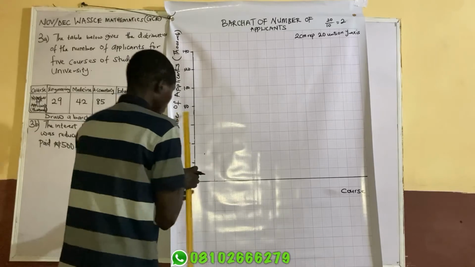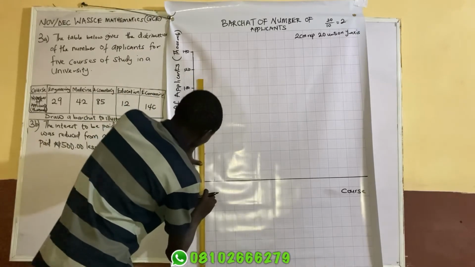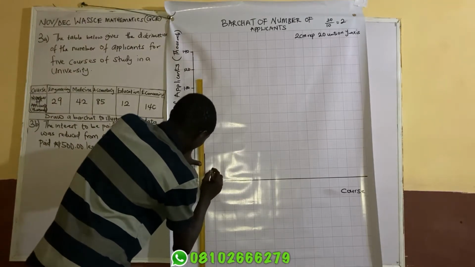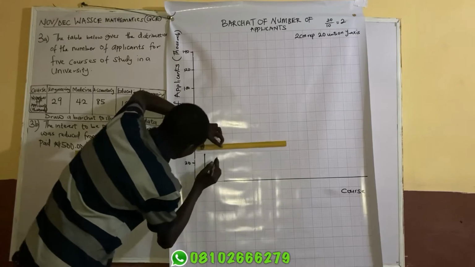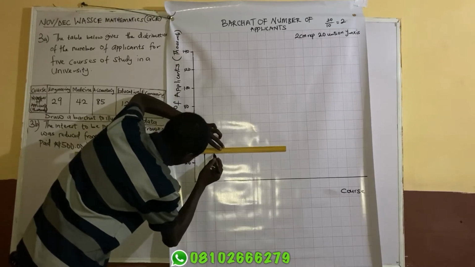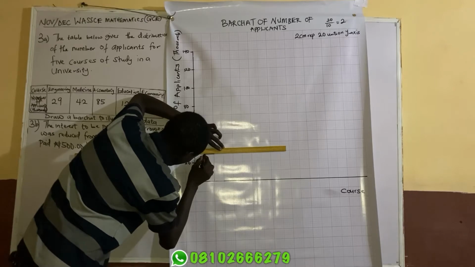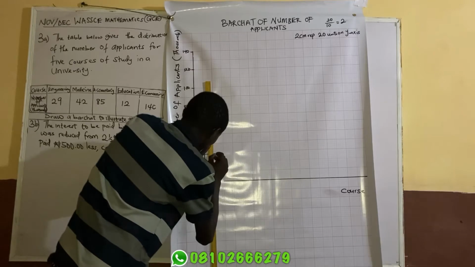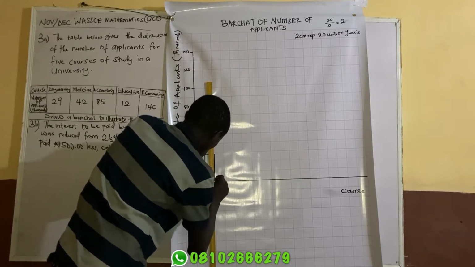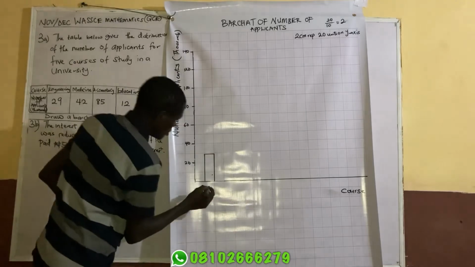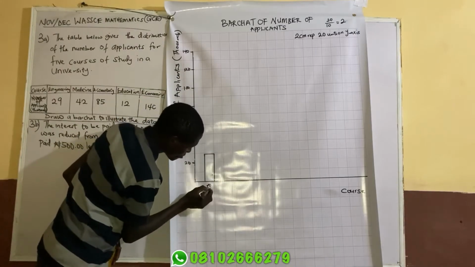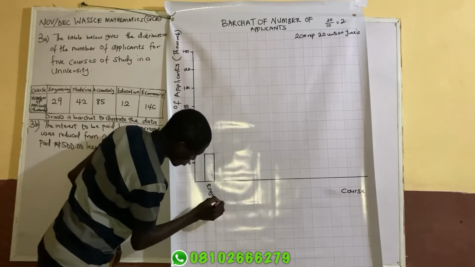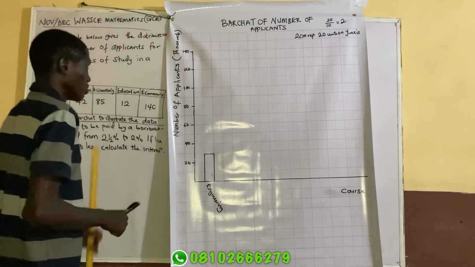Very carefully. This is the engineering rectangle, which is 29,000 applicants.